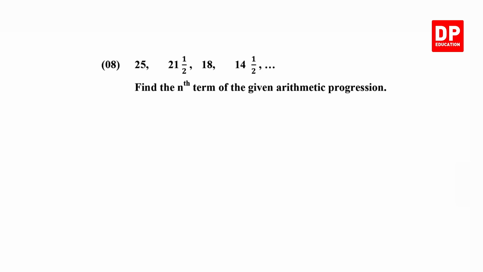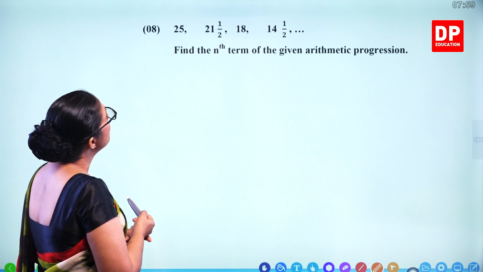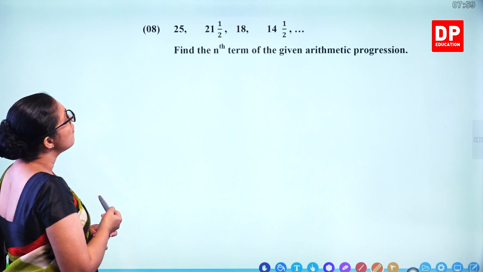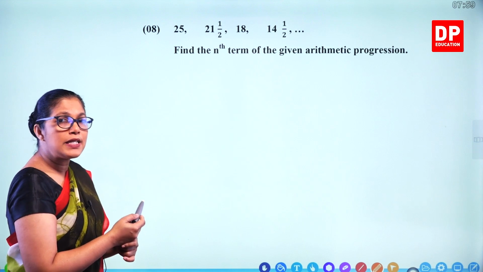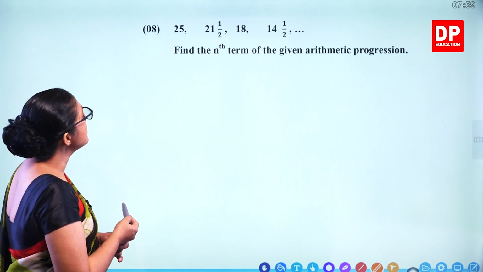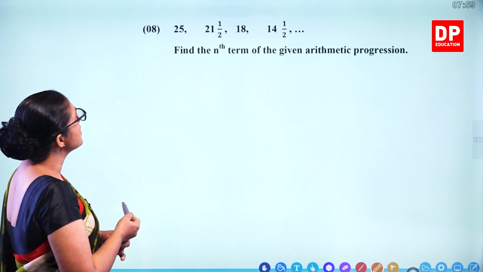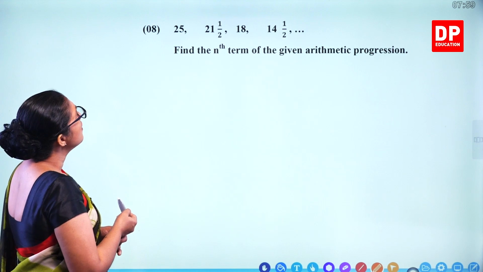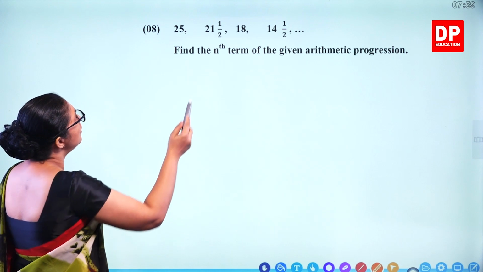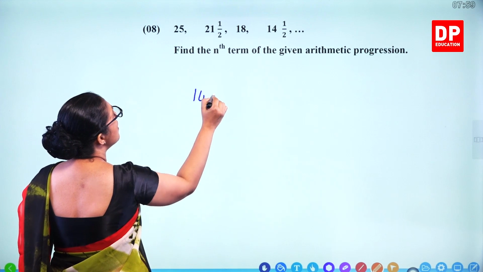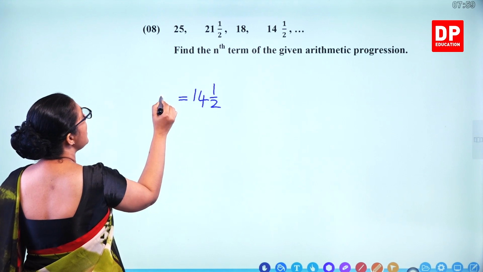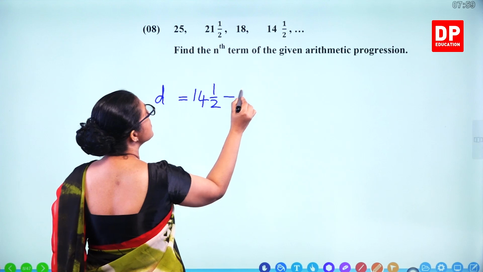Question number 8, you have given 25, 21 and a half, 18, 14 and a half. Find the nth term of the given arithmetic progression. Arithmetic means common difference is there. So how do you find out the difference? Which one is easy? 14 and a half minus 18. That's common difference.